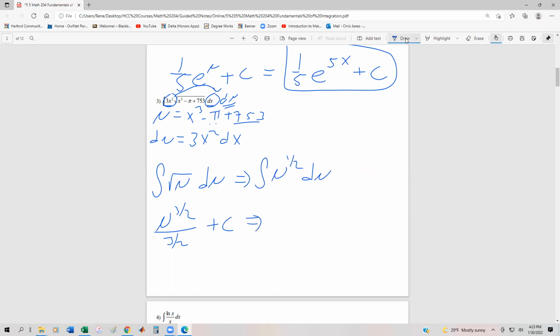So one possible answer could be 2/3, multiplying by the reciprocal of the denominator, times the square root of u, so we back substitute for u, which was x cubed minus pi plus 753, and it was cubed, plus that constant of integration c.